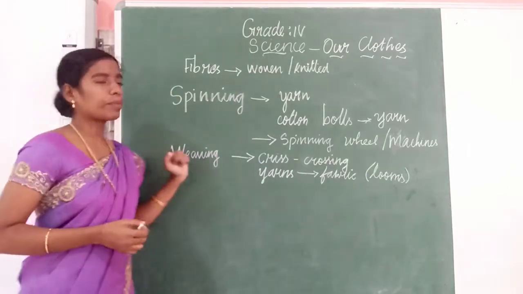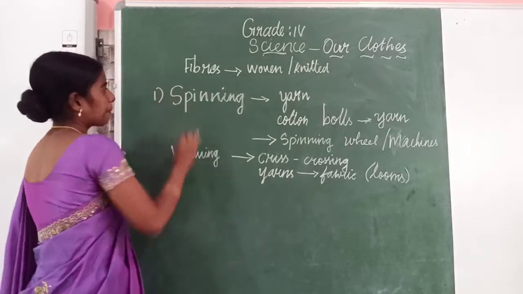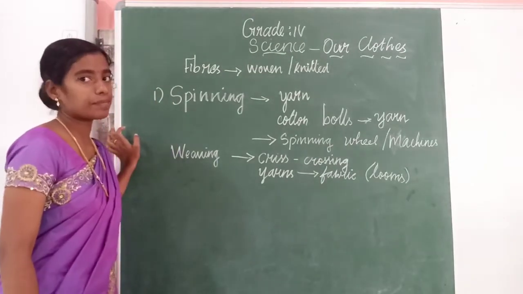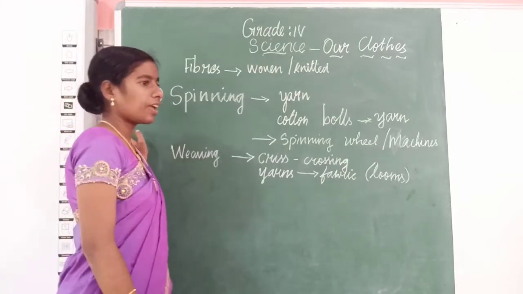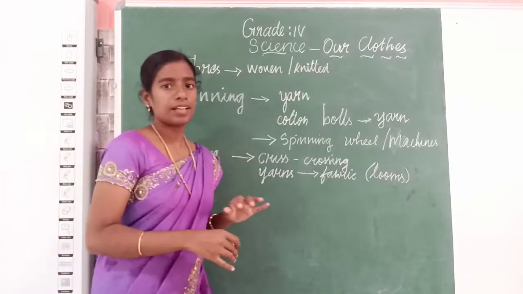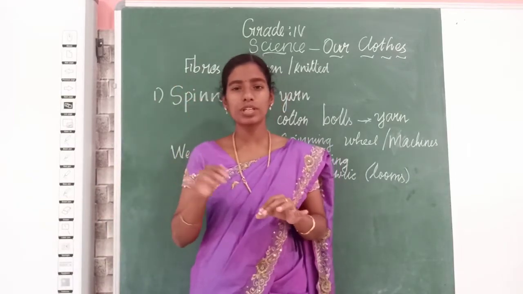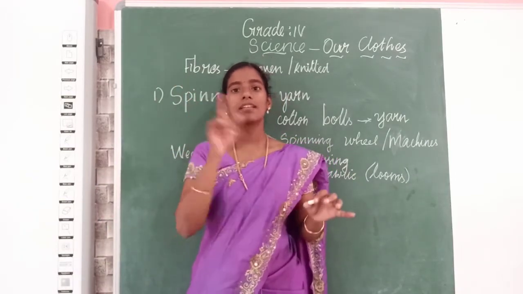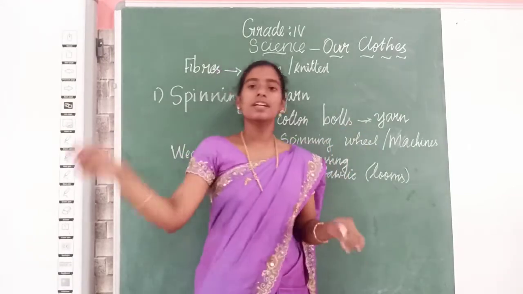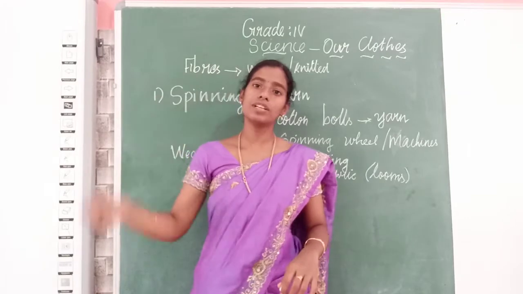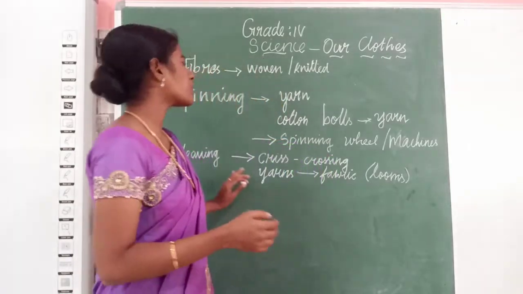Now we can see the processes one by one. The first process in manufacturing of the cloth is called spinning. In olden days, I have seen this spinning wheel while I was in grade 2, 3. A wheel will be there, a thread will be going like this. Old people or grandma will spin this spinning wheel. And what is that process?